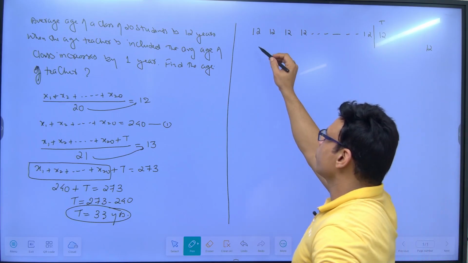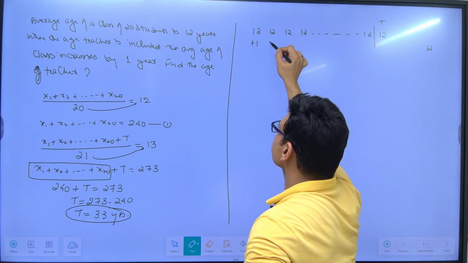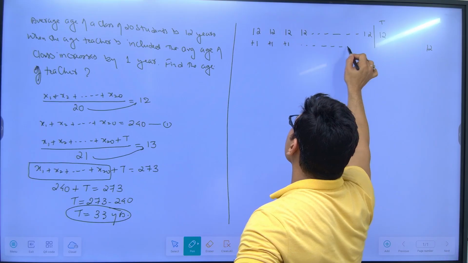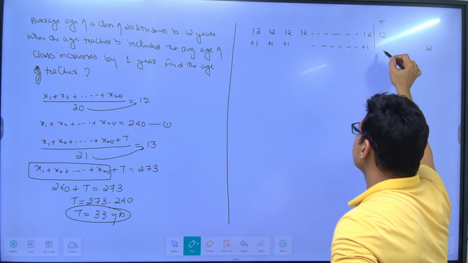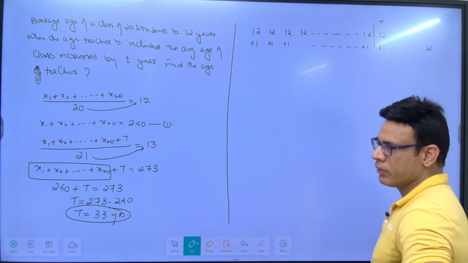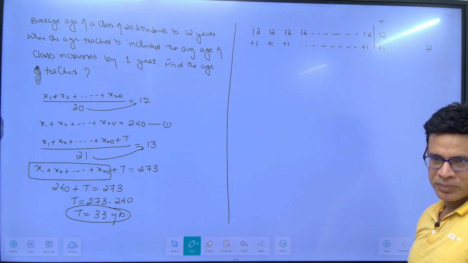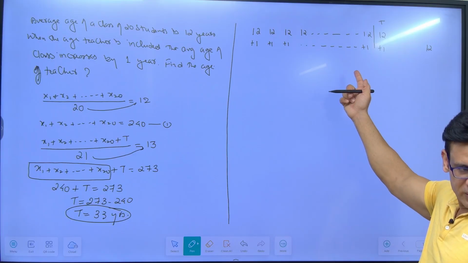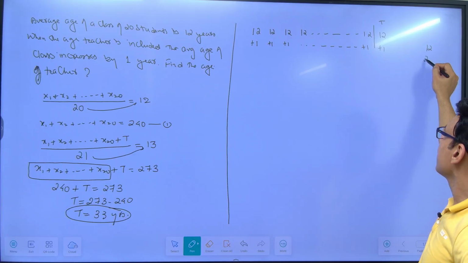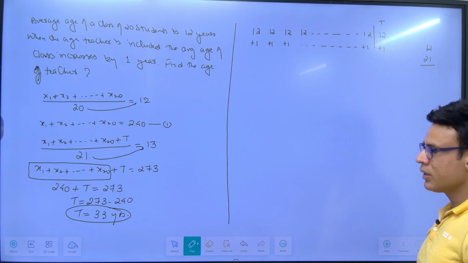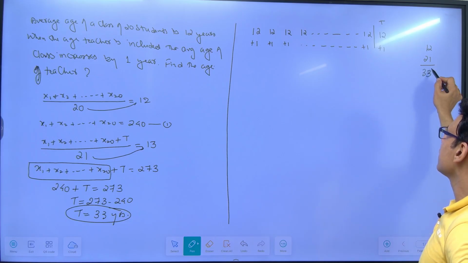That means she will give one chocolate to the first student, one to the second, one to the third, up to the 20th student, and keep one with herself. So how many ones did she distribute? 20 plus 1, 21. And 12 she kept earlier with herself.